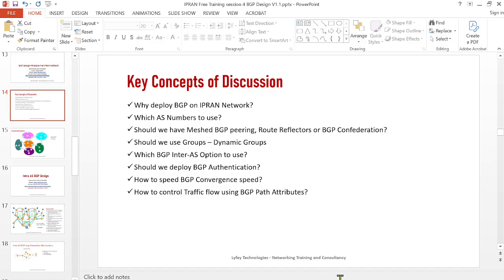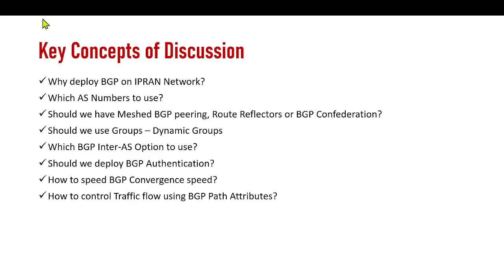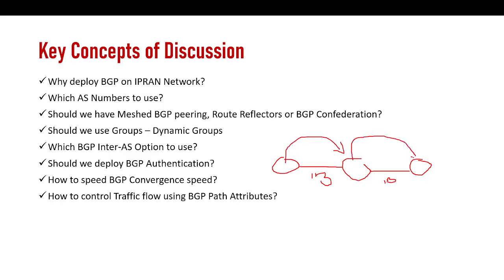We have a slide that will cover this in detail, but just to highlight, if you have three routers that are connected and IBGP is configured, then when you advertise this route to this neighbor, this router will not advertise it to any other IBGP neighbor. It will only advertise it to the EBGP neighbor.